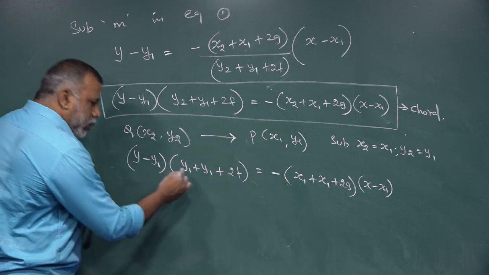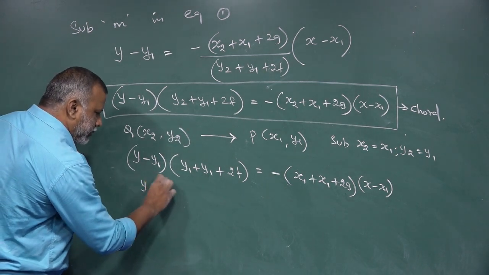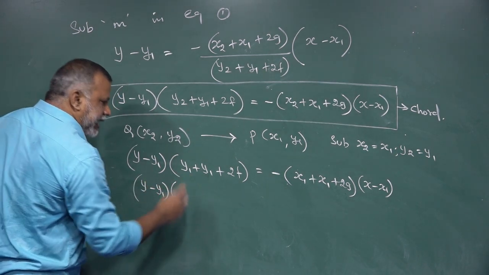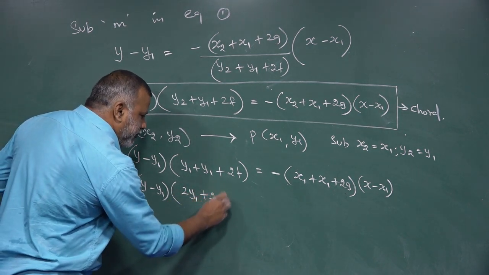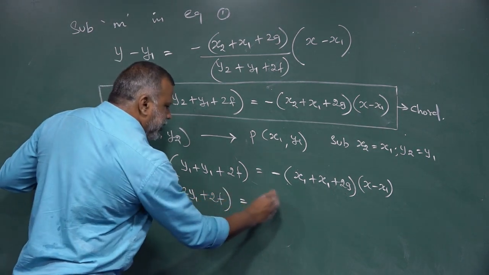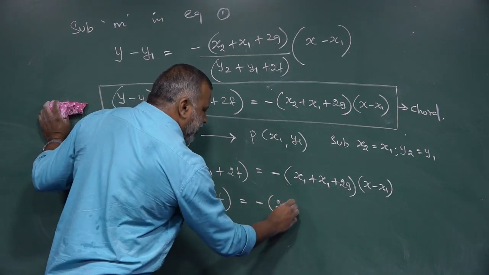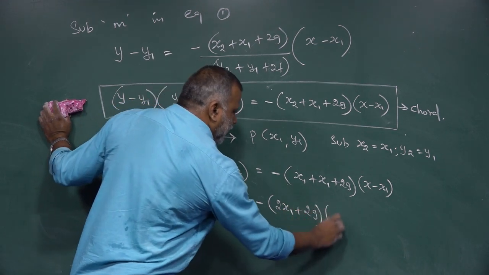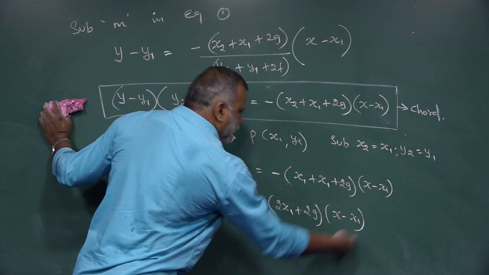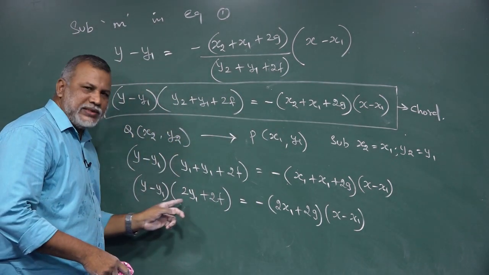See here, y1 again adding with y1, we can get 2y1. Then 2f is equal to minus of x1 again adding with x1, we get 2x1 plus 2g, of x minus x1. See here, we are able to take 2 as a common.